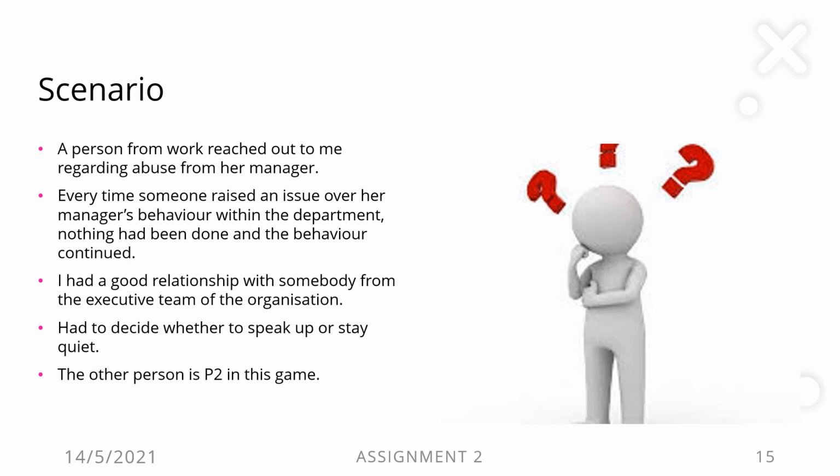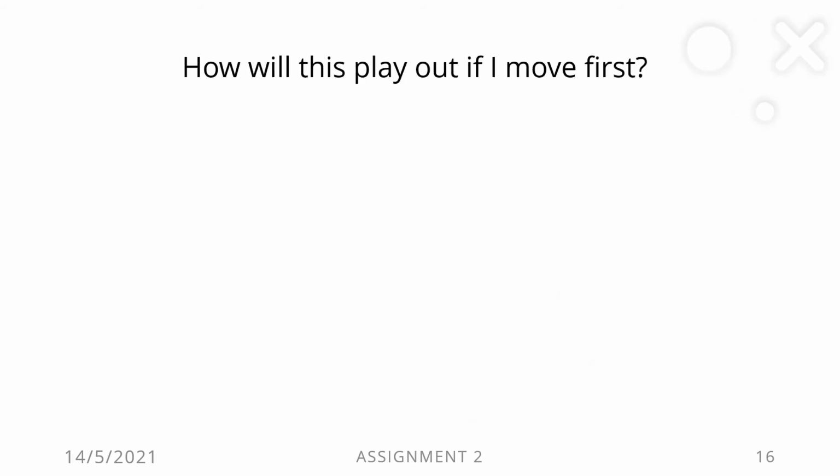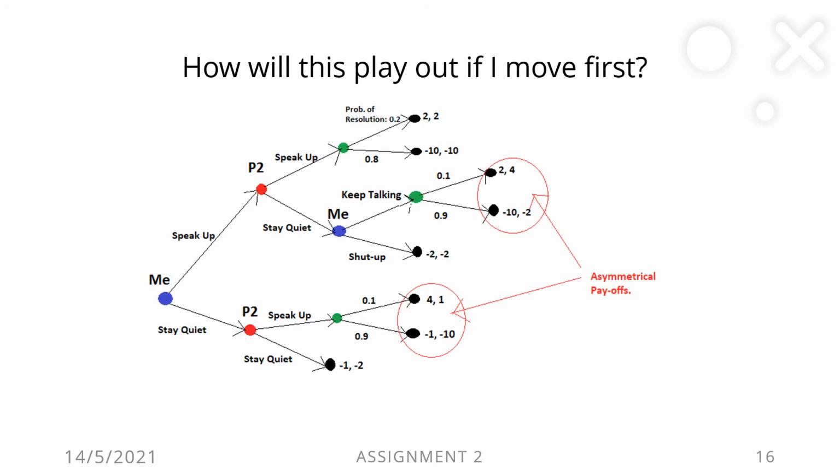The other person is player 2 in this game. So how will this play out if I move first? In the report, there's a brief explanation of how I've come up with all the payoffs. If I went first, my options are to speak up or stay quiet, and then depending on what I do, player 2 can either speak up or stay quiet.